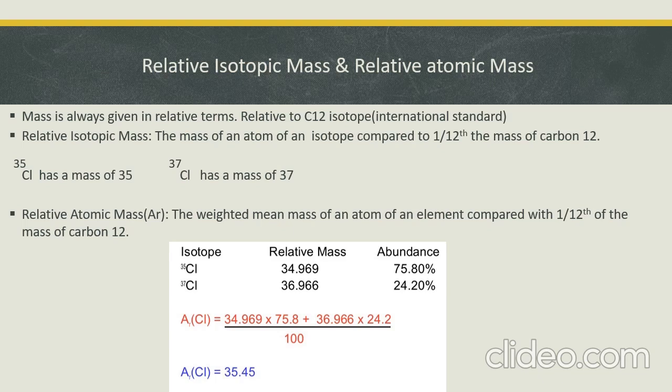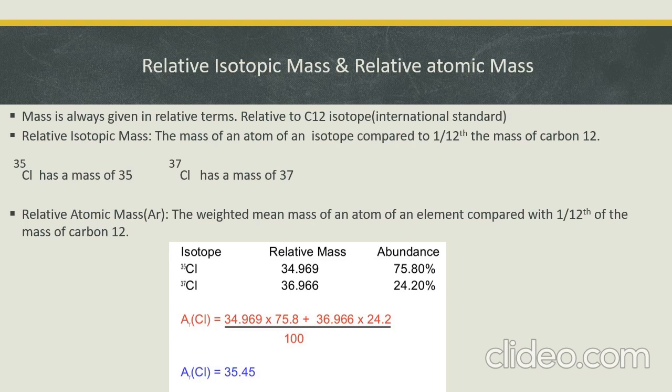Relative atomic mass is defined as the weighted mean mass of an atom of an element compared to 1/12 of the mass of carbon-12. This is the definition. The formula for Ar, the relative atomic mass, is the mass of an isotope times the abundance. For example, chlorine-35 has a relative mass of 34.969.